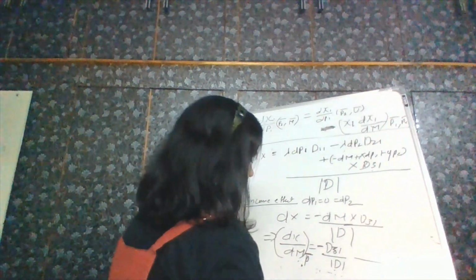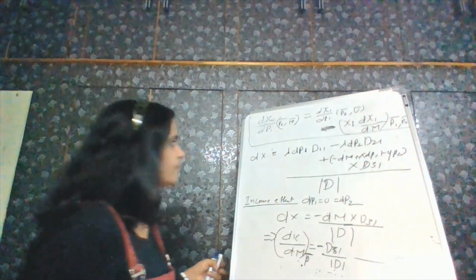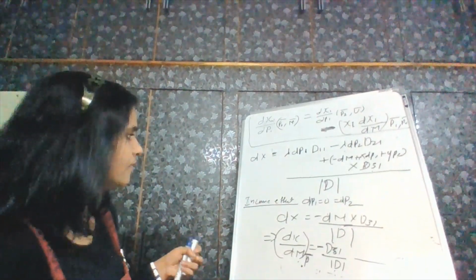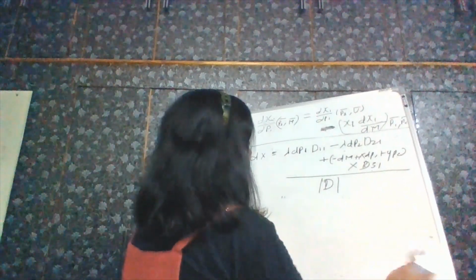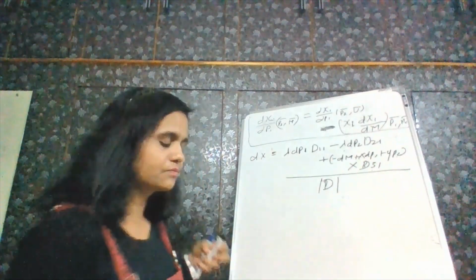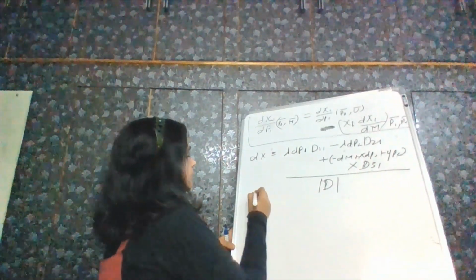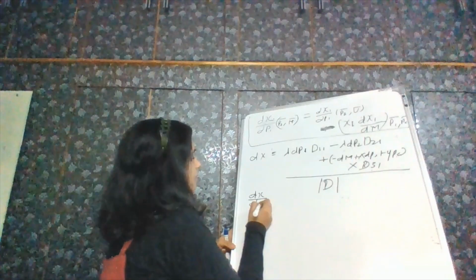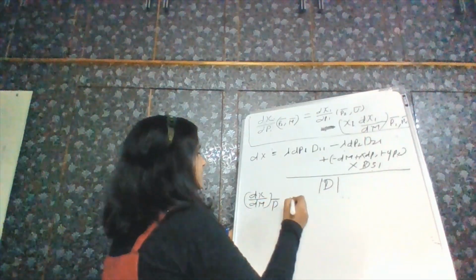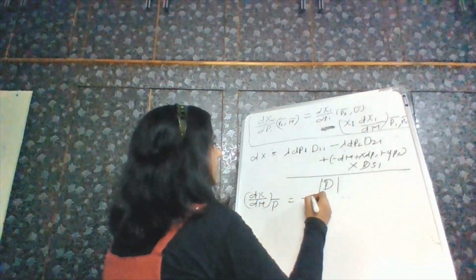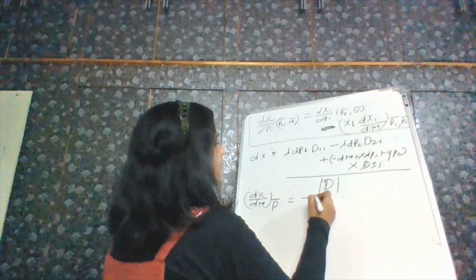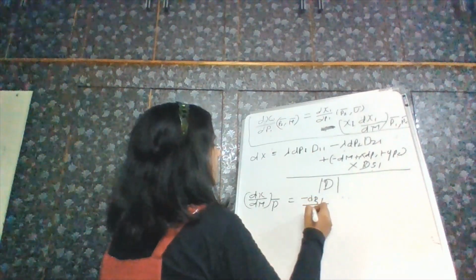Okay. So now we'll just remove everything here and just put equation 1, which is dx by dm, with p constant, was d31 divided by d.